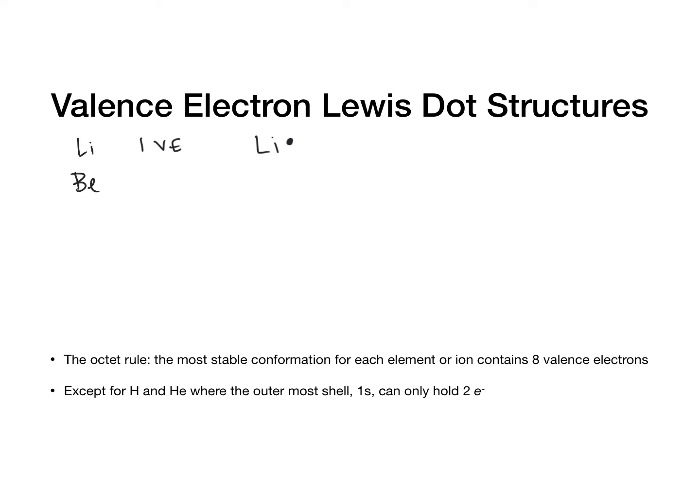Beryllium has 2 valence electrons, and these 2 electrons want to be as far apart as possible, both in physical space and in our Lewis dot structure. Boron has 3, and they also want to be as far apart as possible. When you draw boron, one side is free, and it doesn't matter which side, as long as 3 of the 4 sides have a single dot.